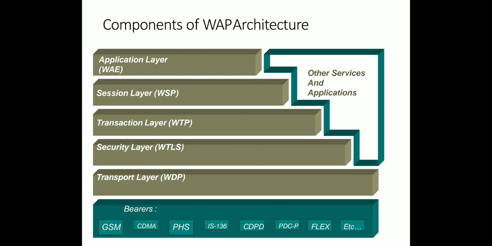After receiving the response from the HTTP web server, that means the second step, the WAP gateway translates the web response into the WAP response, a format that is understandable by the WAP client, and sends it to the WAP device.